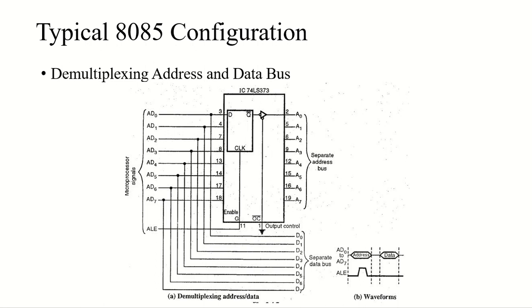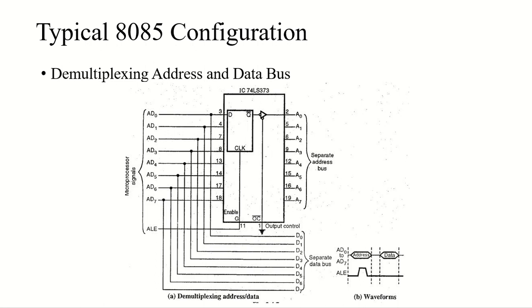Now, how do we generate the control signals? Control signals are not directly available for reading and writing data from memory or input output devices, but we have the IO/memory line to differentiate between memory and input output devices in order to read and write data.